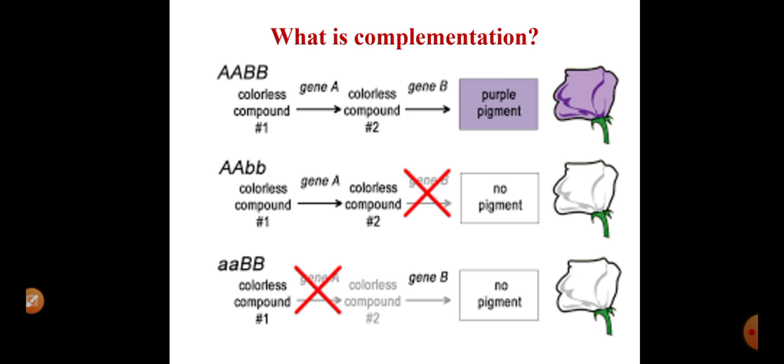You can observe in the third figure that the first pair of alleles is recessive and the second is dominant. So when gene B is present alone, again there is no pigmentation. But when both of them are present, there is pigmentation.